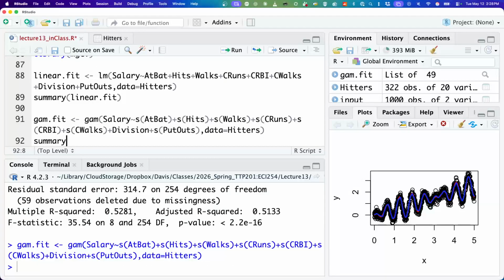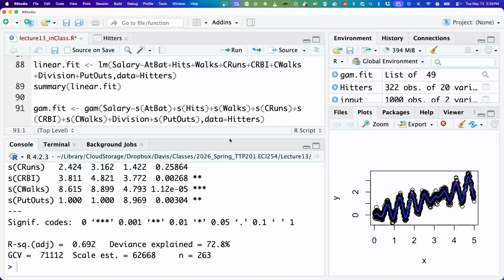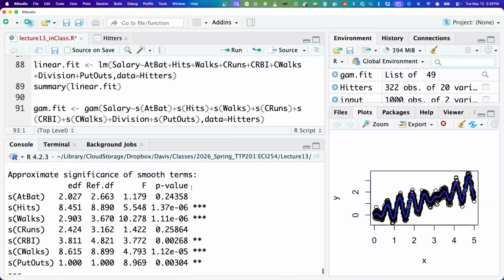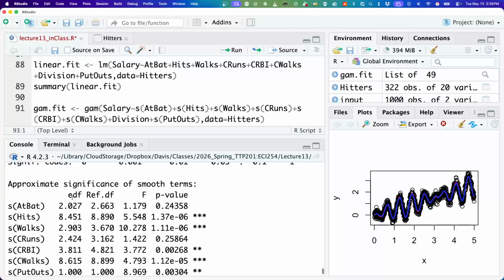Okay, so we run the model, and now let me take a look at the summary. And we're going to see something kind of interesting here. Significance of smooth terms, and they give this EDF value and then some p-values here. The EDFs are not the coefficients.